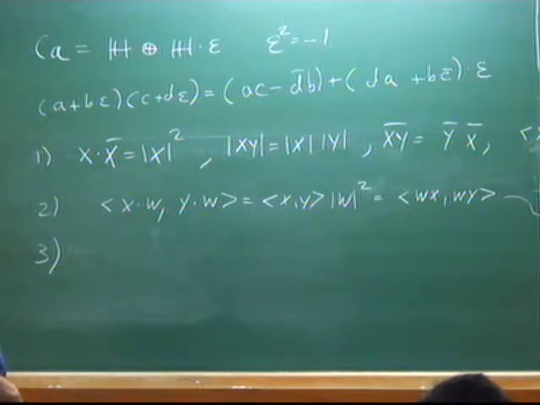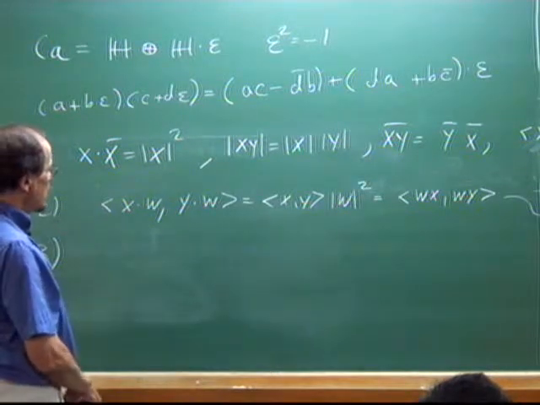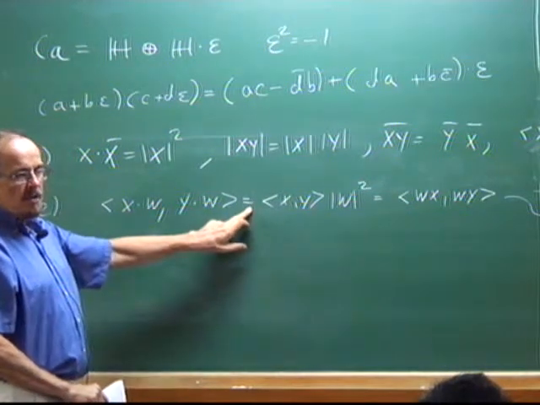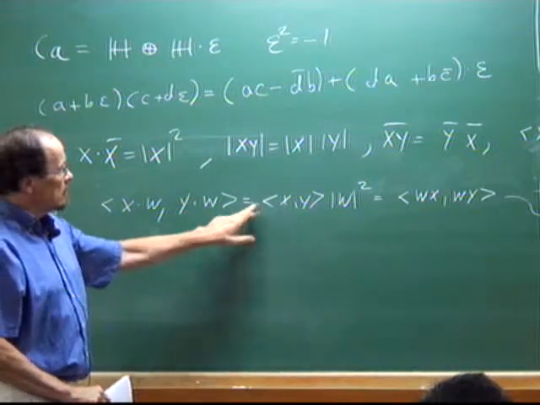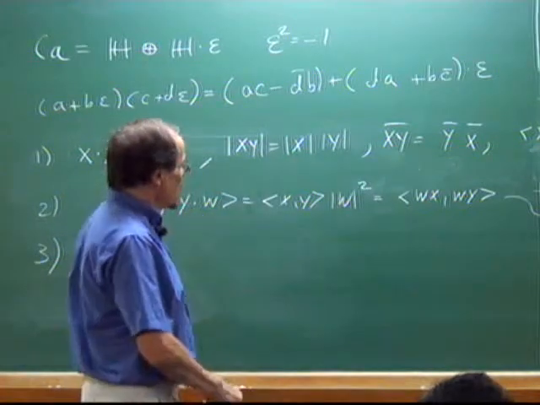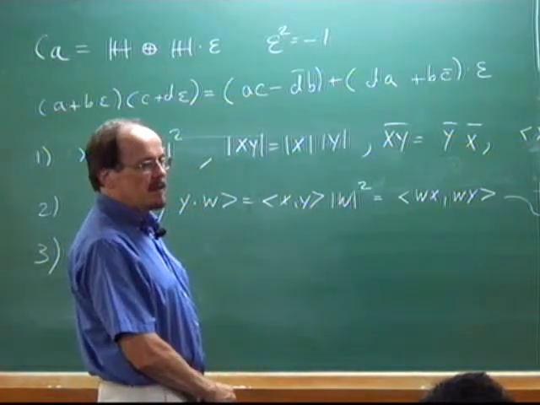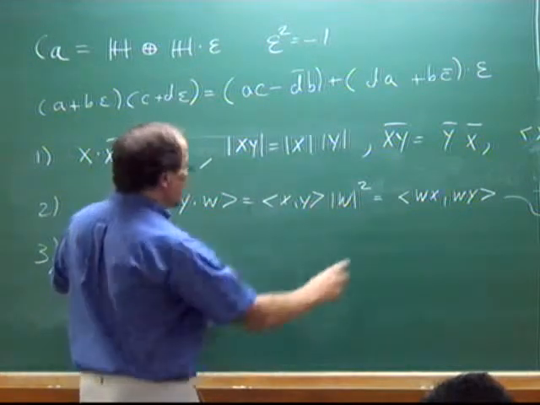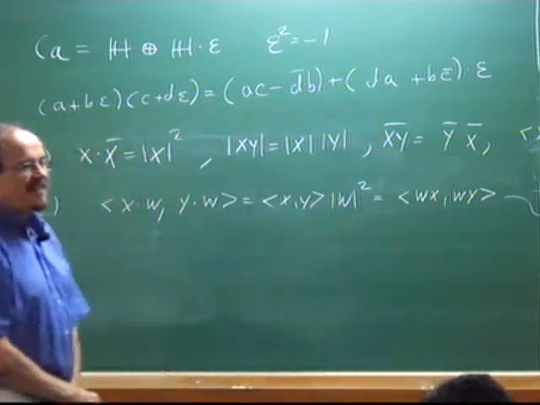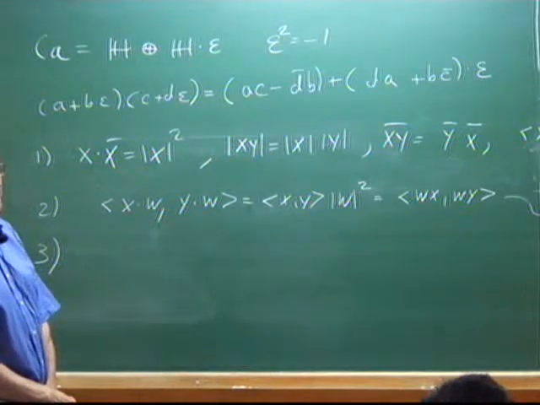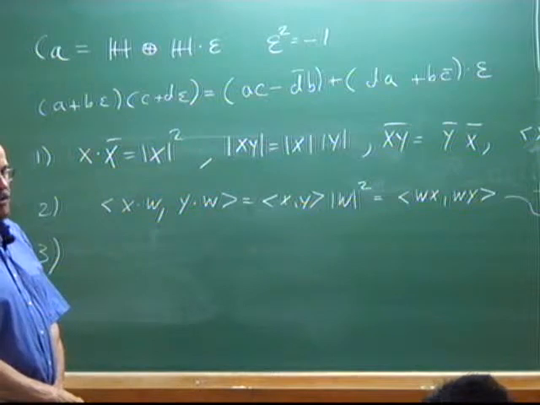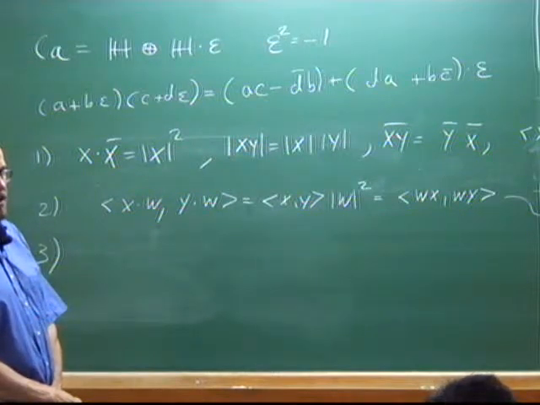In the last one, I see w times x times w1. Yes? You ask me why this is true or what? No. This one here? Yes. By the same argument, it's bilinear in x and y. Or do you mean why this and this is the same? I'm not quite sure what you're worried about. I'm not using conjugation at all here. I'm not using conjugation in this argument.